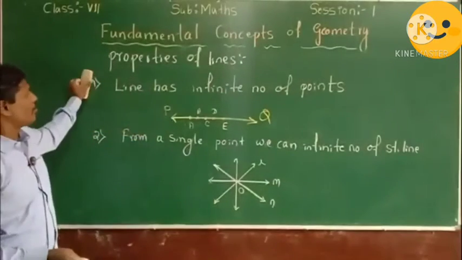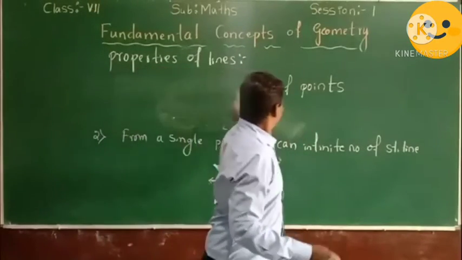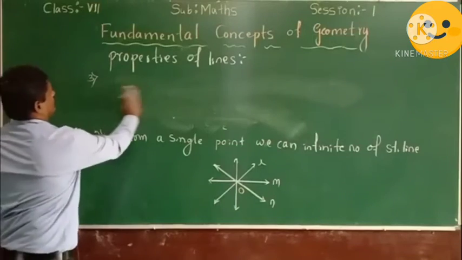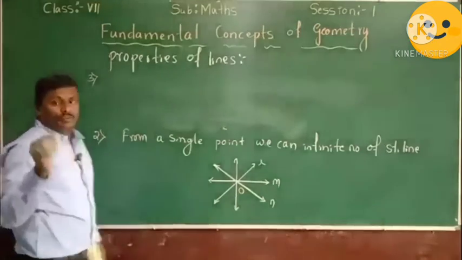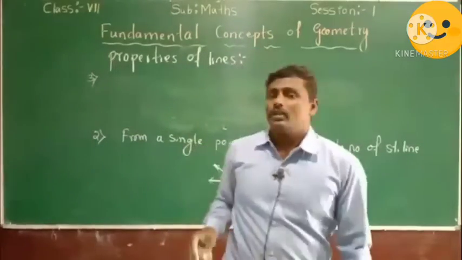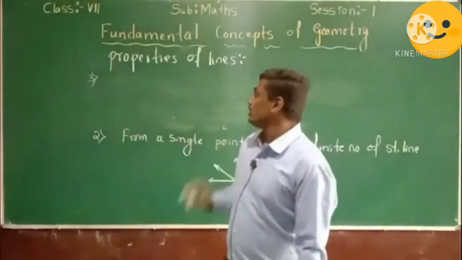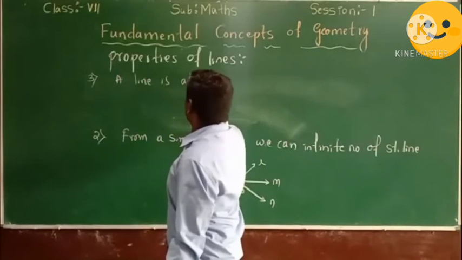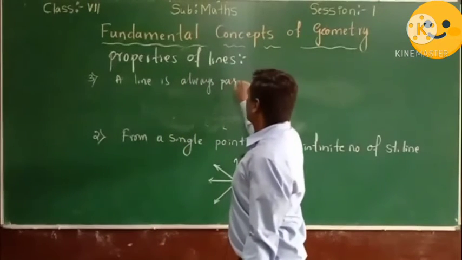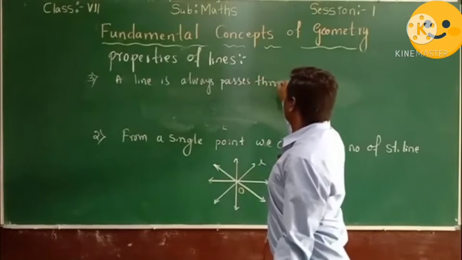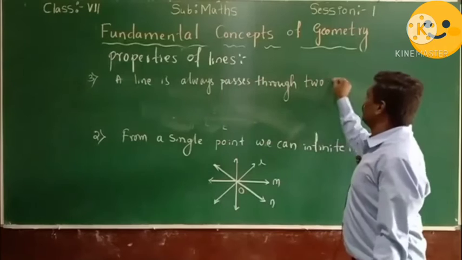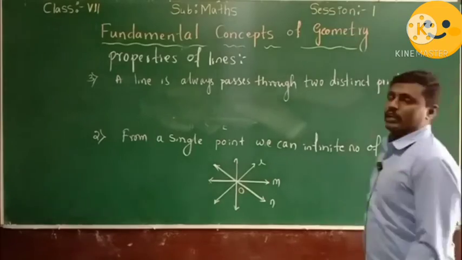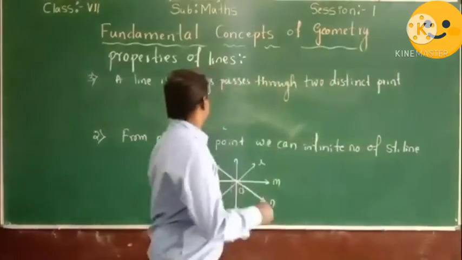Now come to the third property of lines. The third property is that a line will always pass through 2 distinct points.